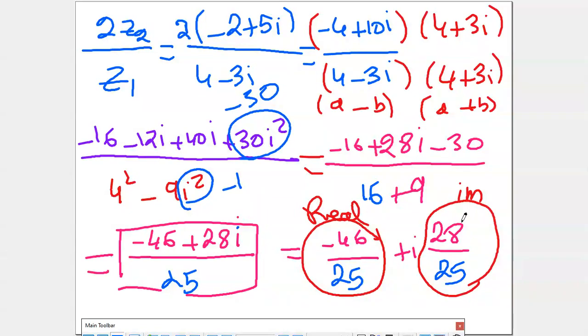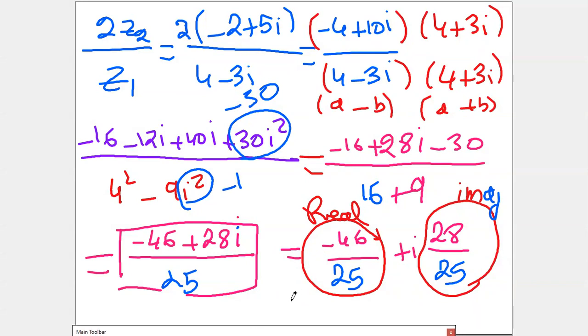I can separate the real part and the imaginary part. So it will be minus 46 over 25, this is the real part, and plus i times 28 over 25, this is the imaginary part of this complex number. So by multiplying by the conjugate up and down, I developed and got the final answer. Look, it's in the form of a plus ib or x plus iy.